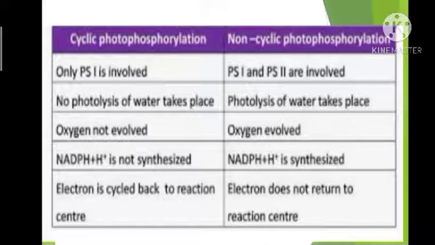In cyclic photophosphorylation, only photosystem 1 is involved, and in non-cyclic photophosphorylation, both PS1 and PS2 are involved. Okay. In cyclic photophosphorylation, no photolysis of water occurs, but in non-cyclic, photolysis of water takes place. Okay.